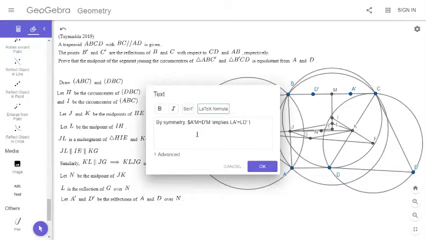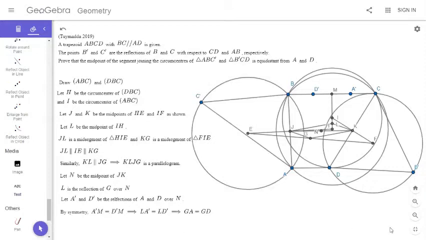And that means that GA equals GD. All right. And that is it for this problem. So I'm going to move to the next one.